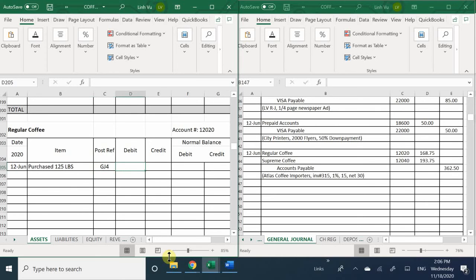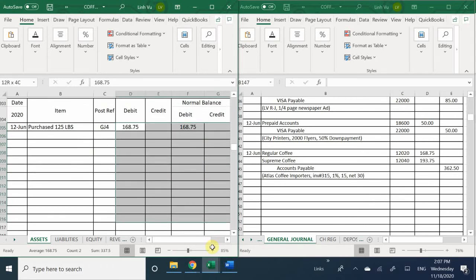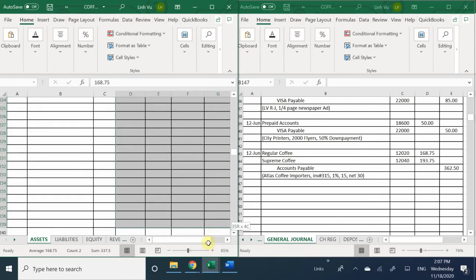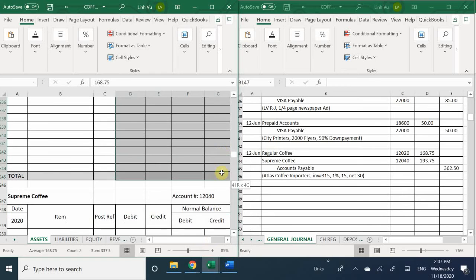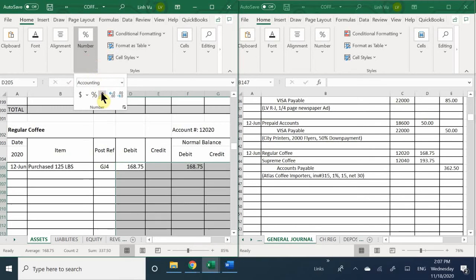And because I am increasing my inventory, how much am I going to increase it for? That is for the regular coffee, 168.75. All right, and because that's my beginning balance, that's how much my normal balance is going to reflect. I'm going to highlight all of this and make it into decimal. Okay?